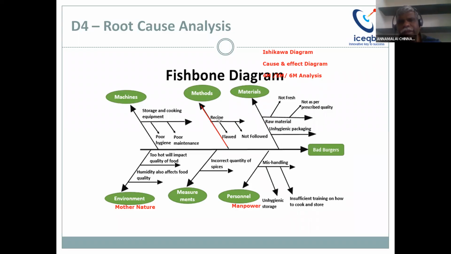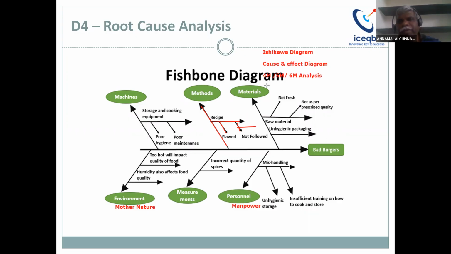Then the second categorization, whenever you find that this is the problem, again you drill down to the next level. And then again, why it is not followed, maybe you can go to the next level. Maybe the instruction was in English, and the language was not understood or something like that. So why it is not followed means language not known, right? So till you are able to find the root causes, you can go to multiple layers.